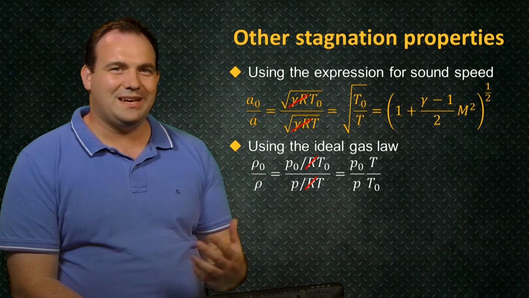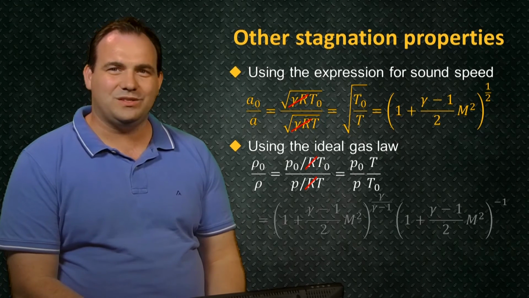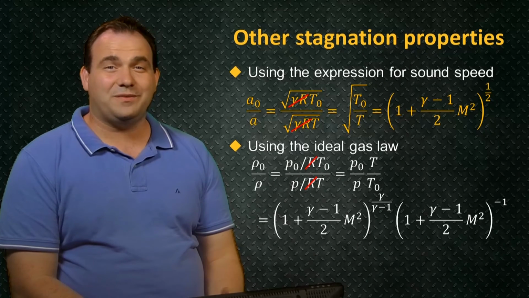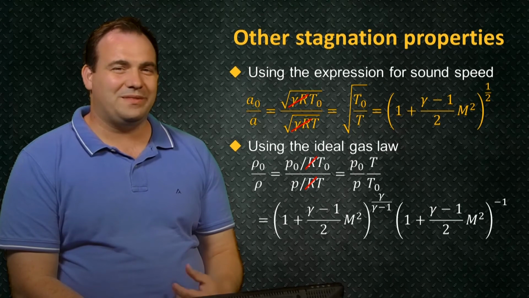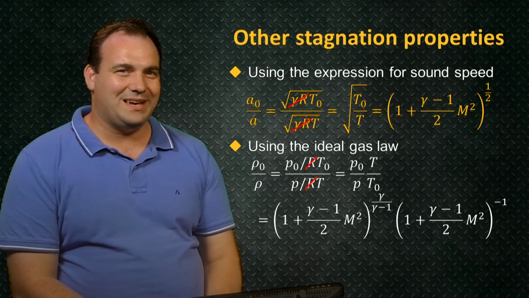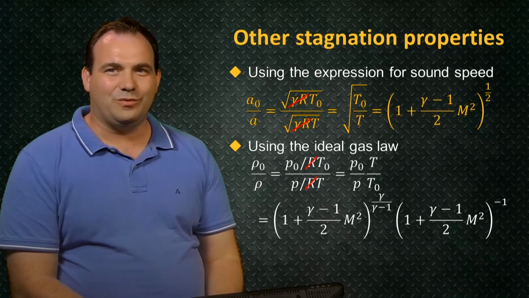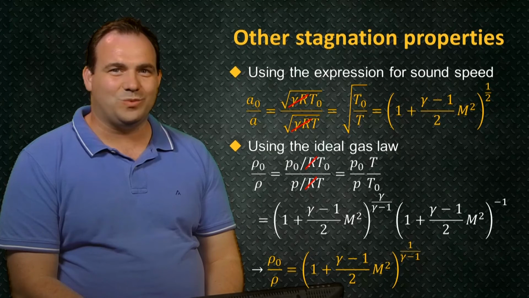And we already obtained expressions for both of these in terms of the Mach number, and we make use of those here. After simplifying the power, we find that the stagnation density ratio is given by that same combination again, 1 plus gamma minus 1 over 2 times the Mach number squared, this time to the power of 1 over gamma minus 1.